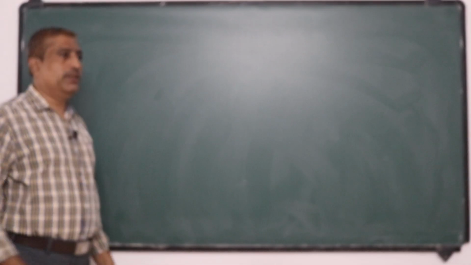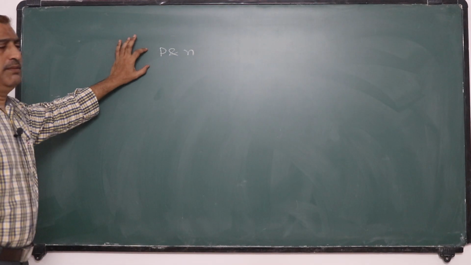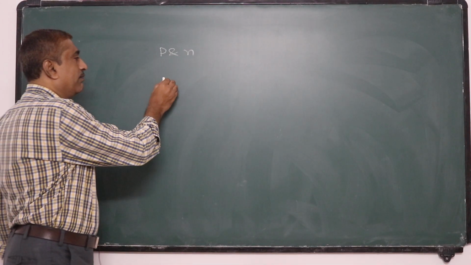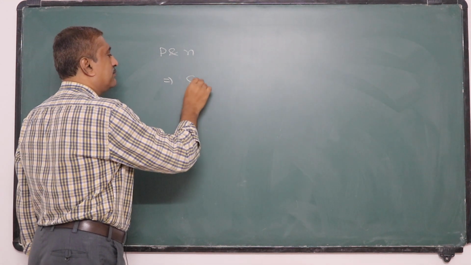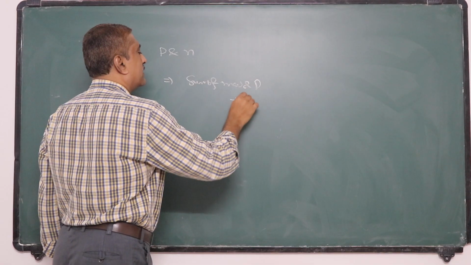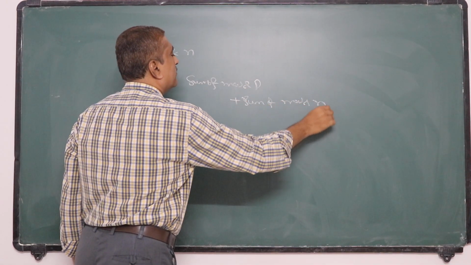As you know, the nucleus consists of protons and neutrons. So, obviously, the mass of the nucleus is equal to the sum of the mass of protons plus the sum of the mass of neutrons.